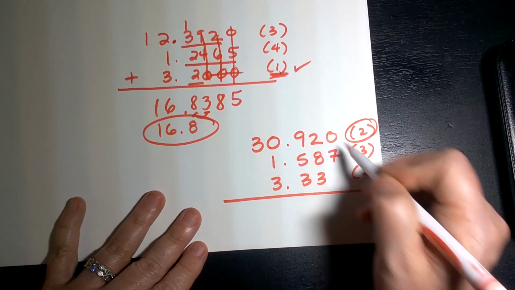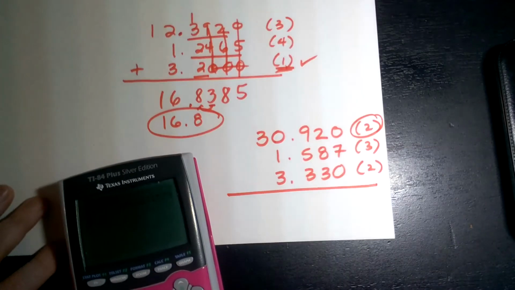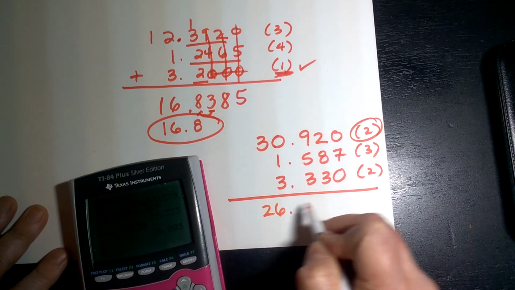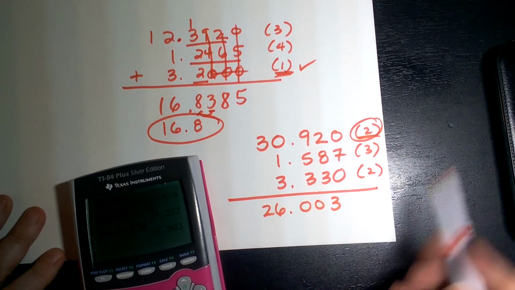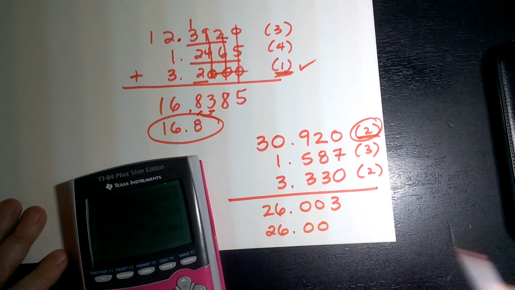So when we subtract, all right, I'm going to use my calculator for this. We would do 30.920 minus 1.587 minus 3.330. All right, so our answer is going to be 26.003, but we can only have 2 decimal places, and so it's going to be 26.00.